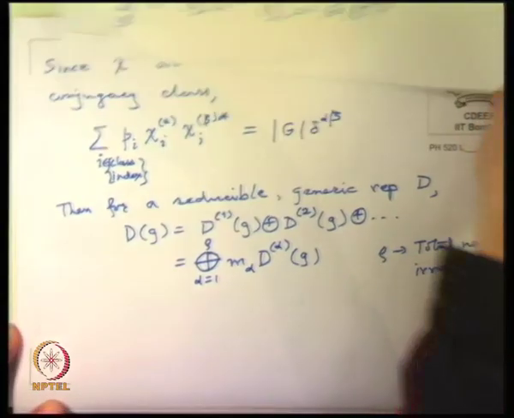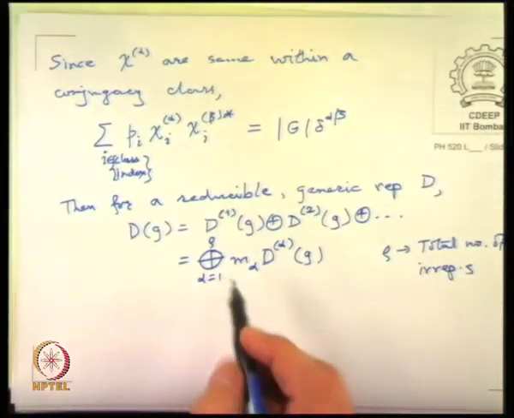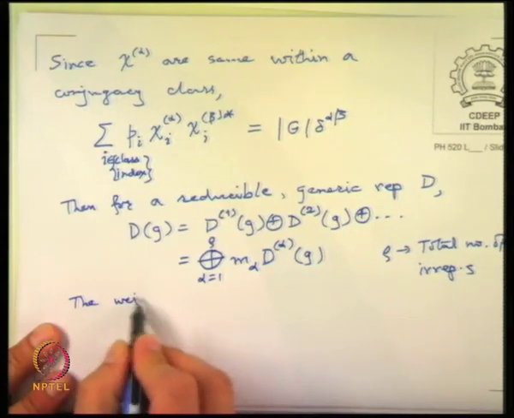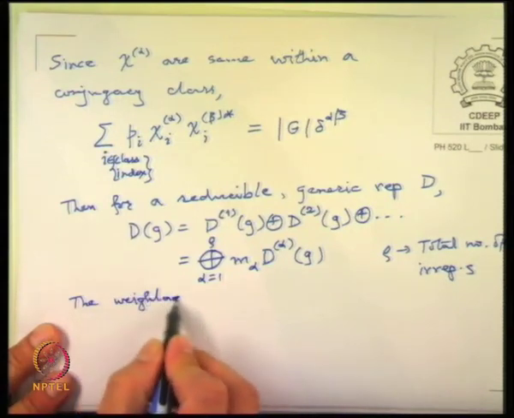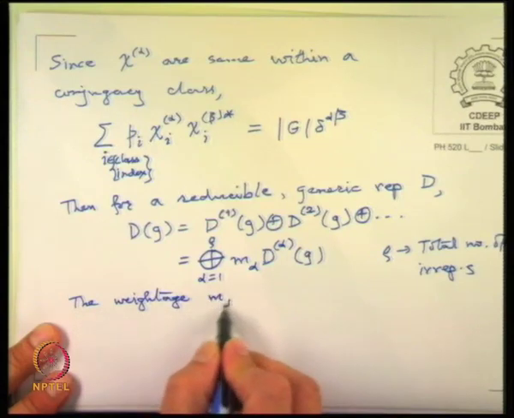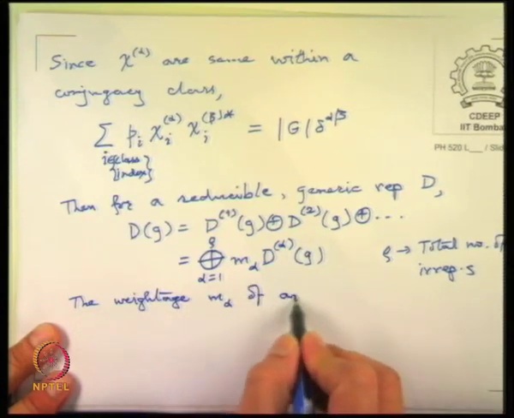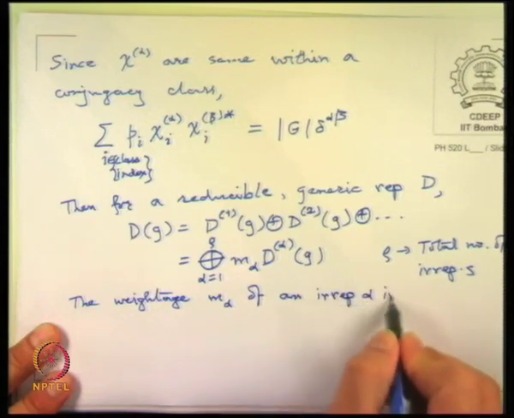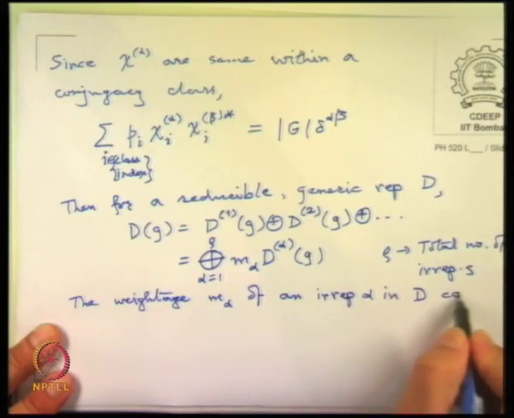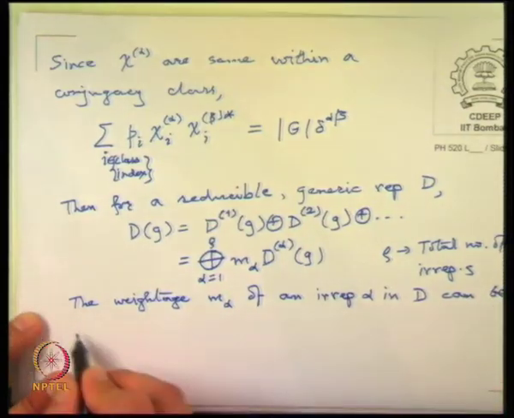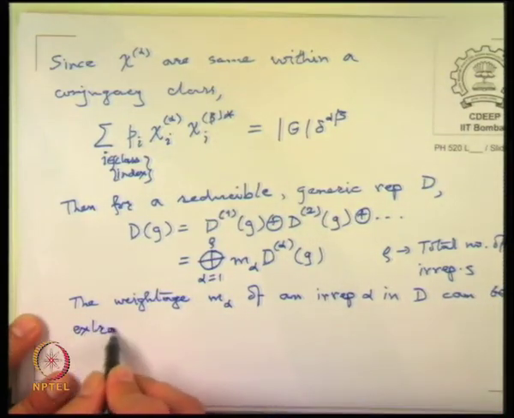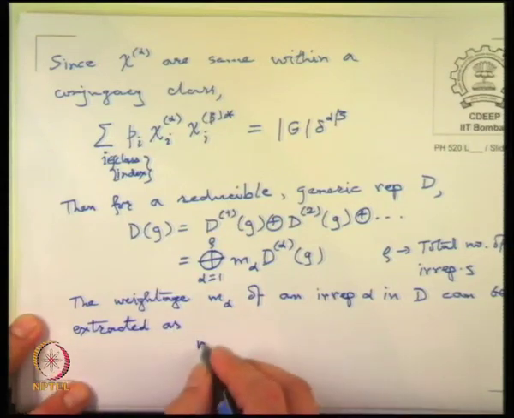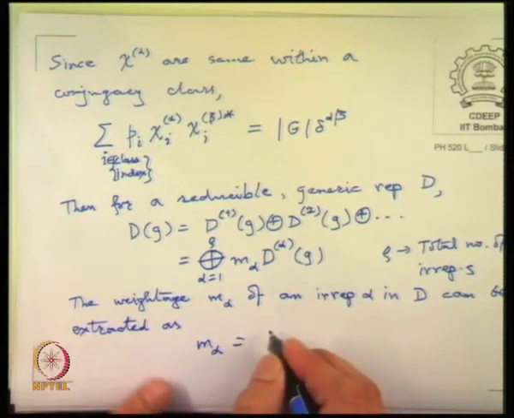So, from this we can deduce that the weightage m alpha of an irrep alpha in D can be extracted by using the orthogonality.